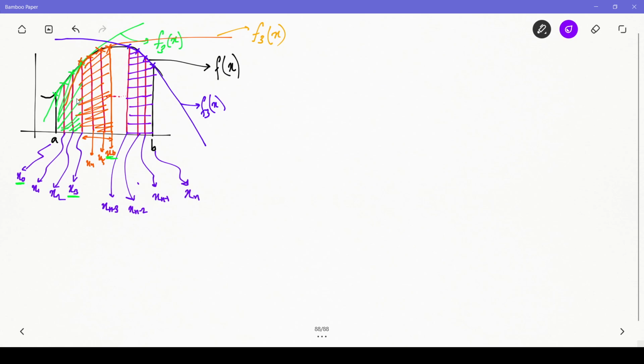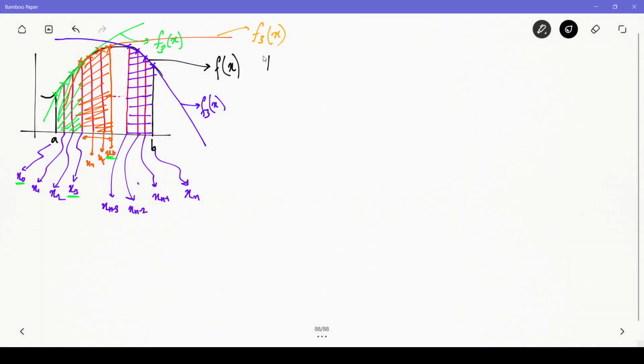Now, if we sum up all of these area values that we have calculated for each of these three adjacent segments, we end up with the final, aggregate approximation of the multiple-segment Simpson's 3/8 rule. Mathematically, you can express it as something like this.